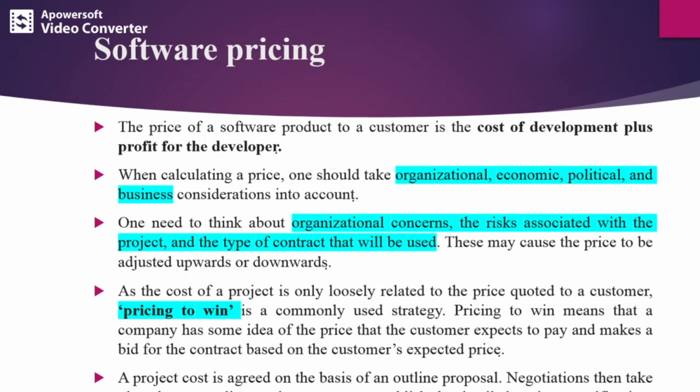It's not only how much cost has been incurred throughout the process, you can also add some profit amount, because finally you need to make some profit from it. So you can put the actual cost incurred plus the profit. It is nothing but the cost of development plus profit for the developer. So you can also state the profit amount.